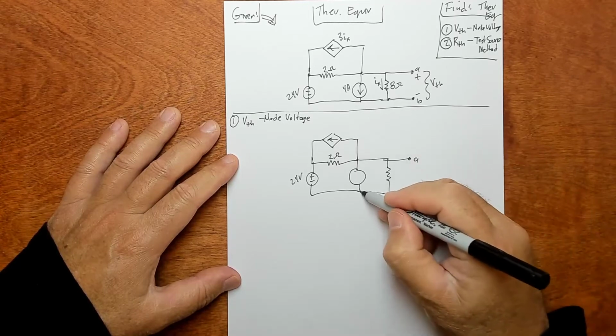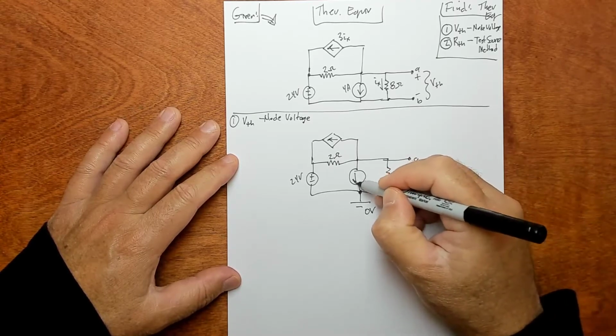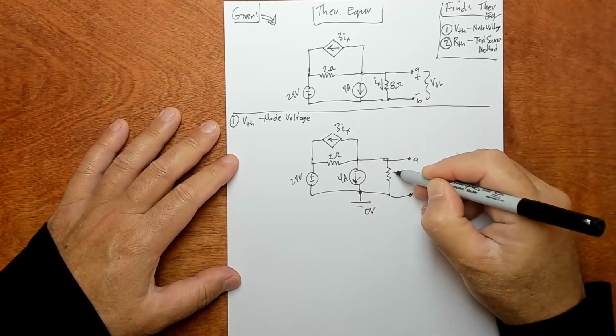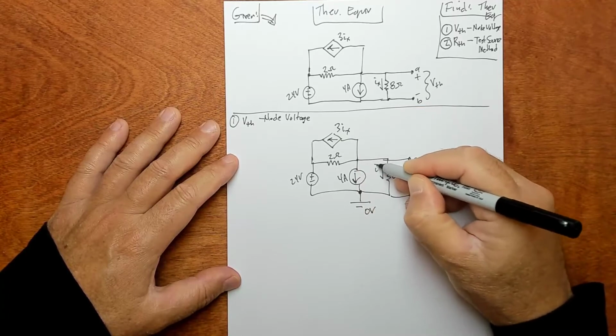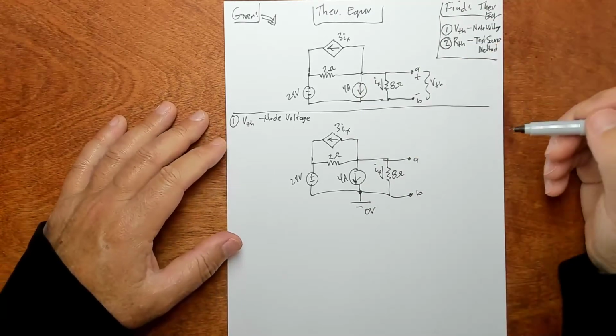Okay, we'll throw our nodes on here. So this is 0 volts. Maybe I should finish labeling stuff, huh? 3ix, 8 ohms, ix, the reference current that this dependent device is using.